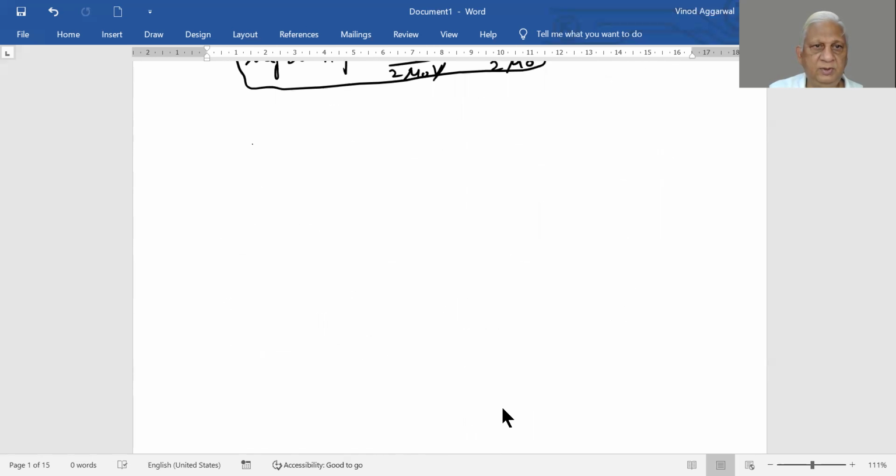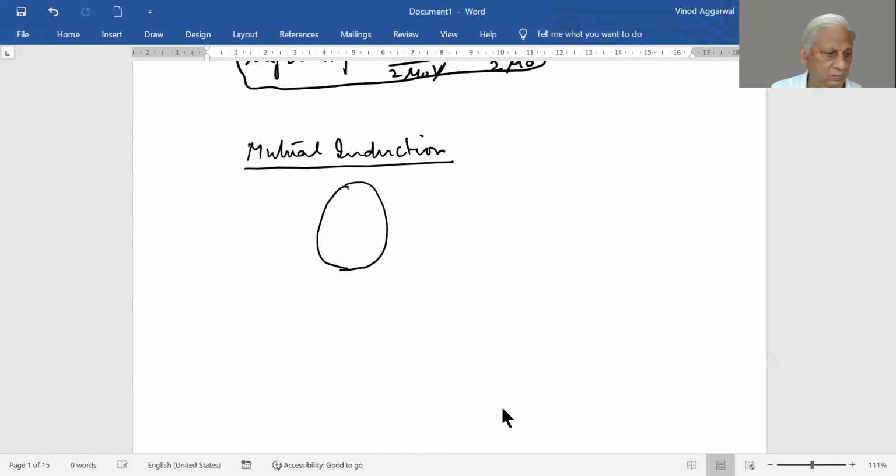Now let's study some expressions for mutual induction. You take this coil, A. If you pass current through A, a magnetic field will be generated in it.